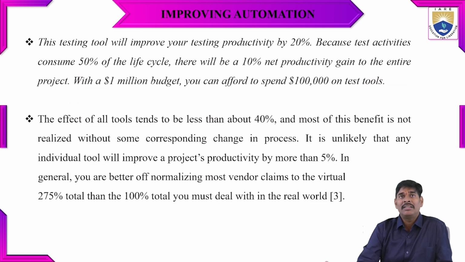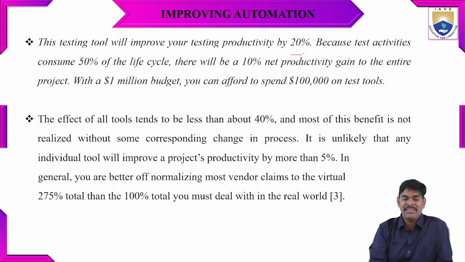So that's why the main conclusion for the tools is that we need to use them in a very efficient manner. Okay, so this testing tool will improve your testing productivity by 20%. Instead of using manual tasks, when you have automation, this will improve testing productivity by 20%.